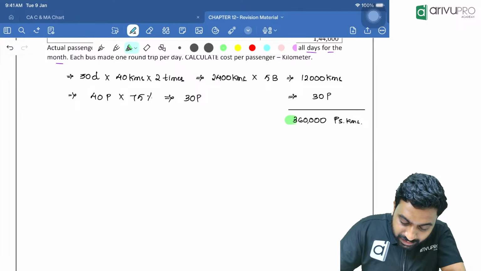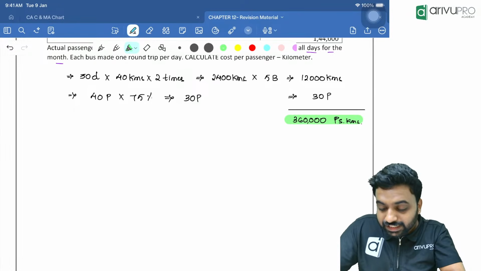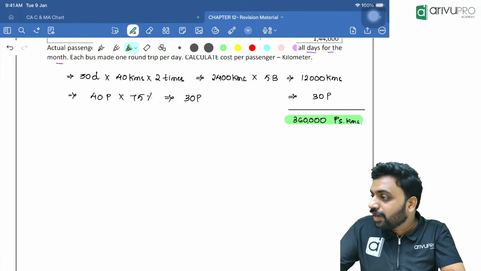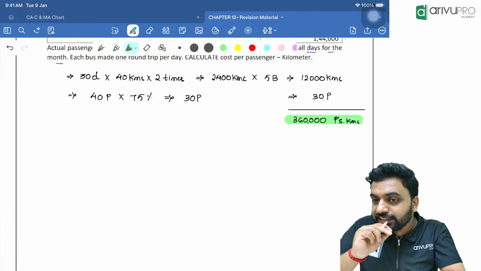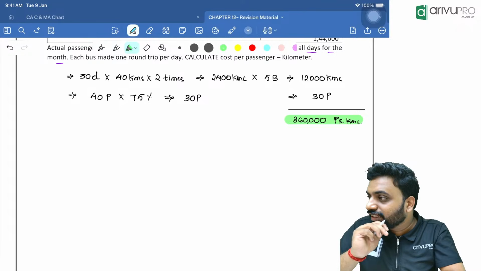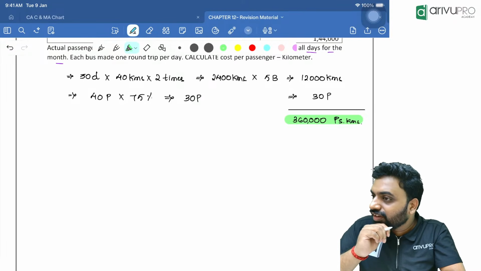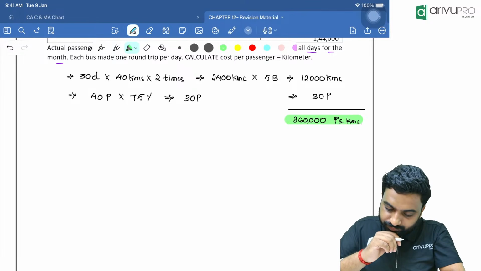Guys, rather than doing it in one single line, it's always advised to compute kilometers first, followed by passengers, then multiply. The reason being, sometimes for few expenses, we might need how many kilometers we ran. For that again, we don't have to calculate and show, right? Yeah, diesel, oil, all those things.